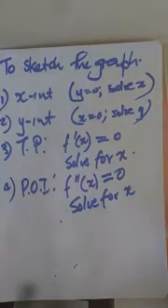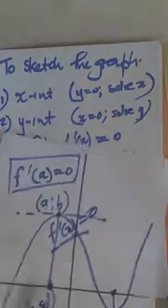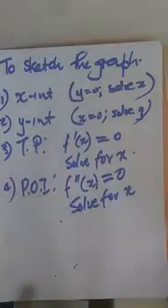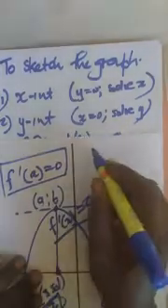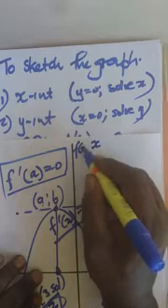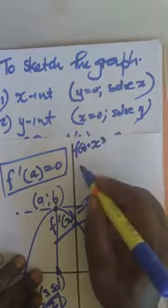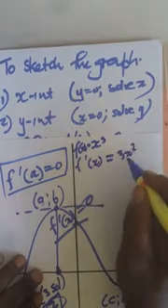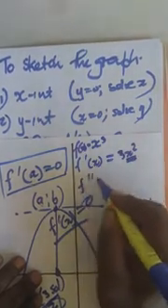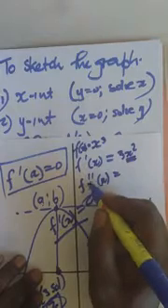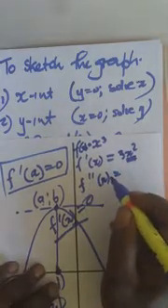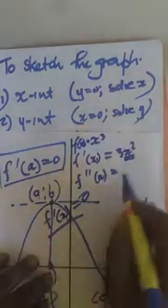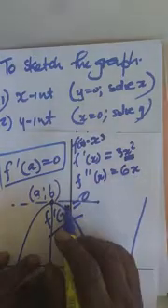How is the second derivative going to look? If the function f of x is equal to x cubed, the derivative is 3x squared. So you find the derivative of the derivative, which is going to be 6x.